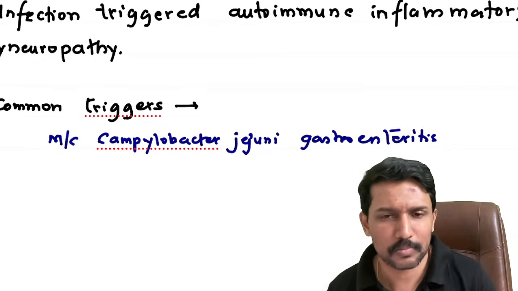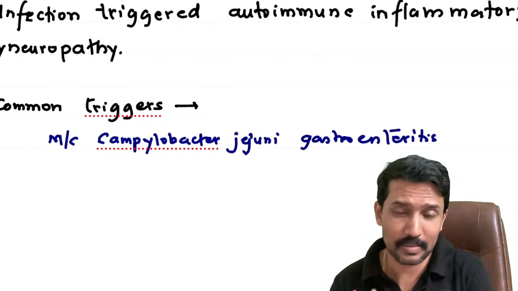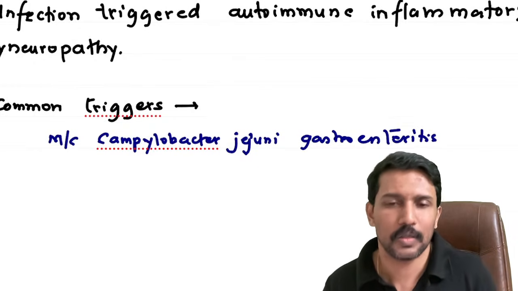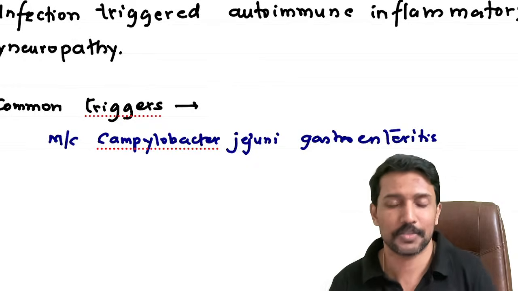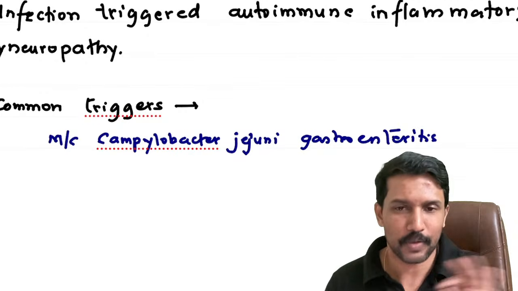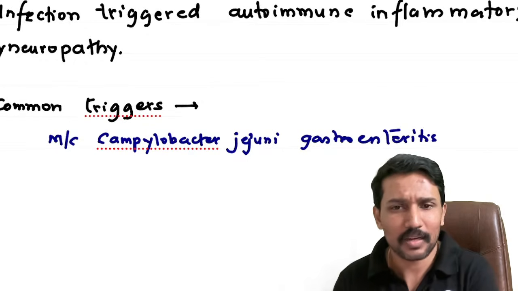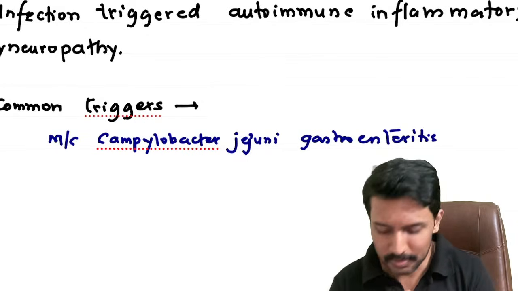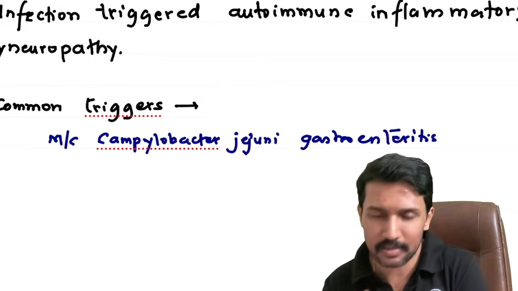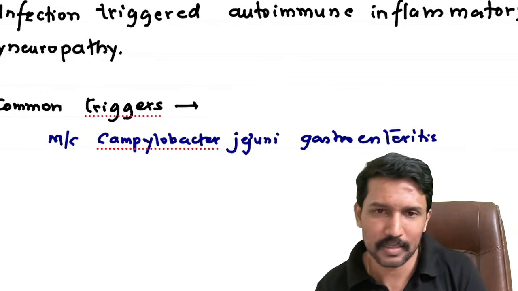Can vaccines trigger GB syndrome? Well, there is a rising concern about vaccine triggered GB syndrome. Not very common. It should not be a deterrent for vaccination whenever vaccination is indicated. Of course, the benefits of vaccine outweigh the risk, but there are rare cases where GB syndrome was triggered by vaccine. So it simply means that any infection can trigger. Most commonly it is GIT infections.